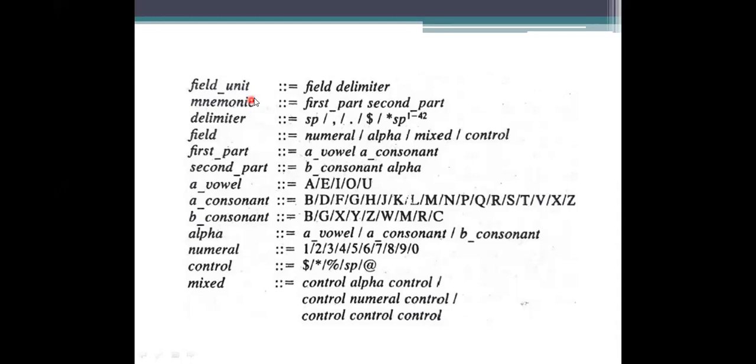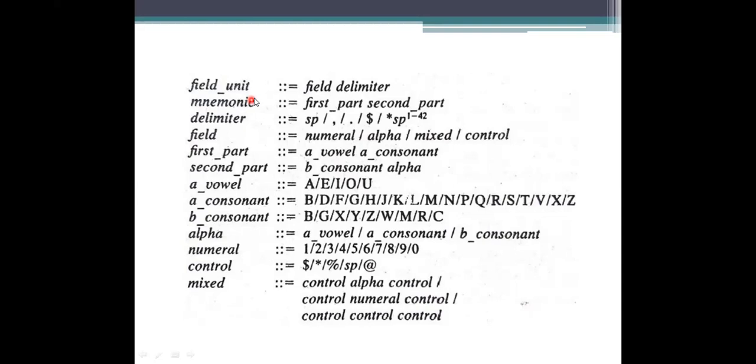Likewise, we are representing in such a way. We also have another representation here where we are using some values. The delimiters here are space, comma, star, dot, and dollar, and we can use the space from 1 to 42.